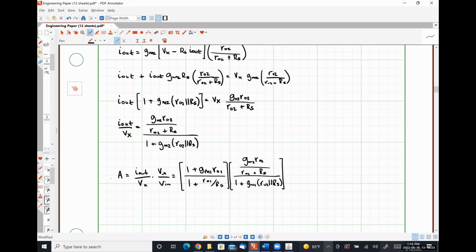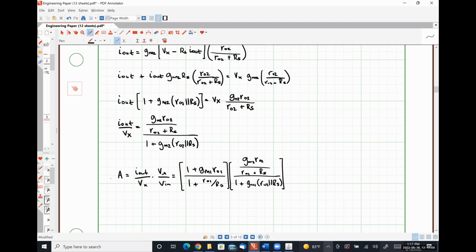So I don't know that we're actually seeing them in parallel, but mathematically they appear in parallel because here we have a factor of RS times R02 over RS plus R02, which mathematically is the exact same thing as R02 in parallel with RS. So them physically appearing in parallel, yeah. Mathematically, to make it less horrifying to write down over and over again, let's go with that route. I like it simple.